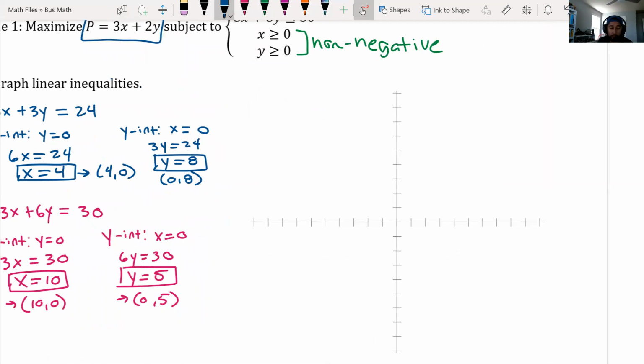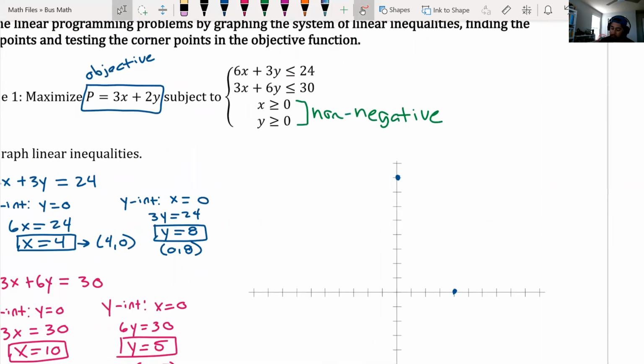So for the blue line, for number 1, we'll do it in blue for the first equation. I have (4, 0), and then I have (0, 8). 1, 2, 3, 4, 5, 6, 7, 8. There we go. Oh yeah, and again, take note of everything.